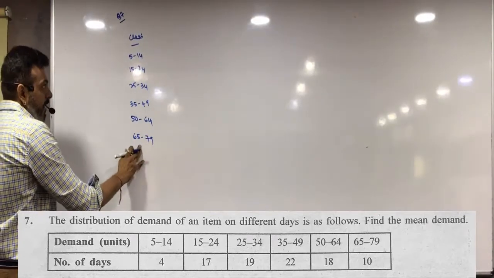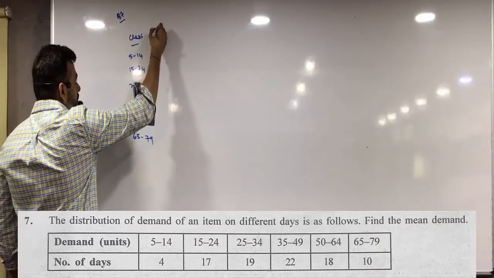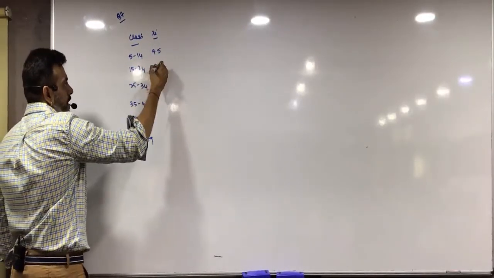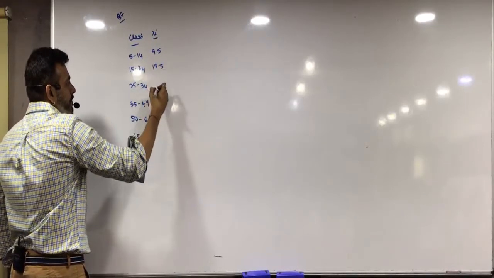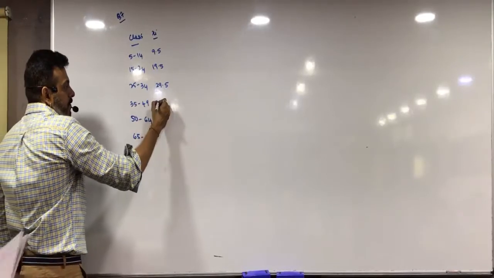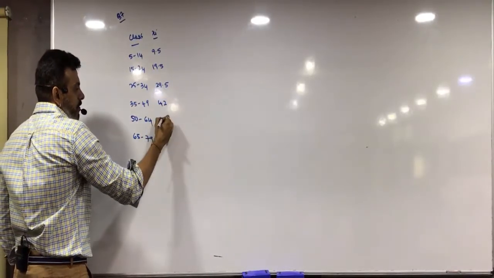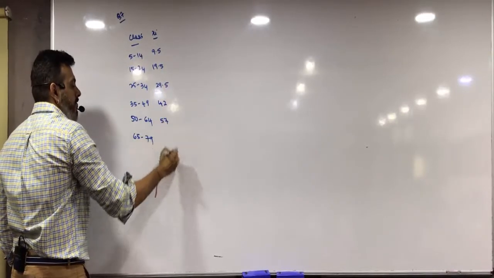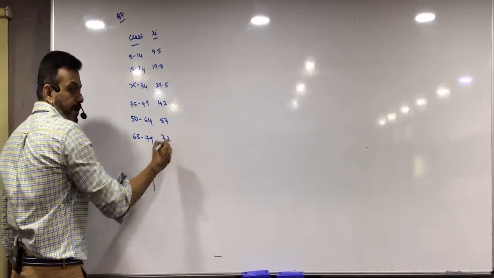Okay, not the same class length, so we find out the mid value xi: 9.5, 19.5, 29.5, but over here 42, 57, 72.